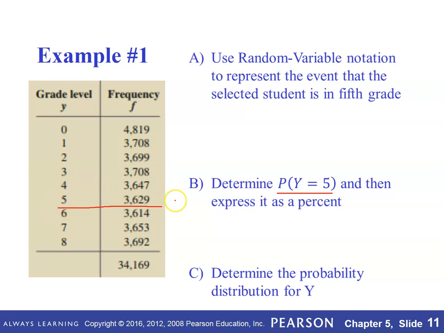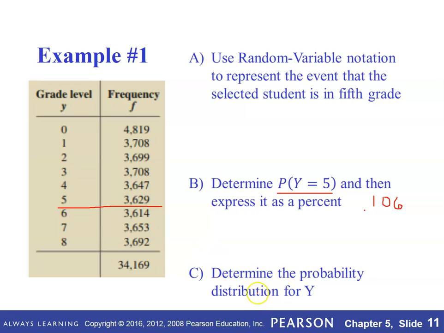So the probability would be 3,629 out of the total 34,169. And I believe that is 0.106. So that would be 10.6% of the population of kids from grades kindergarten through 8th grade. The probability is 10.6% that they are in 5th grade.